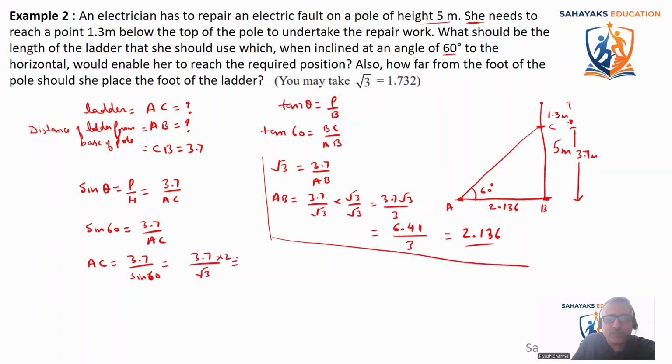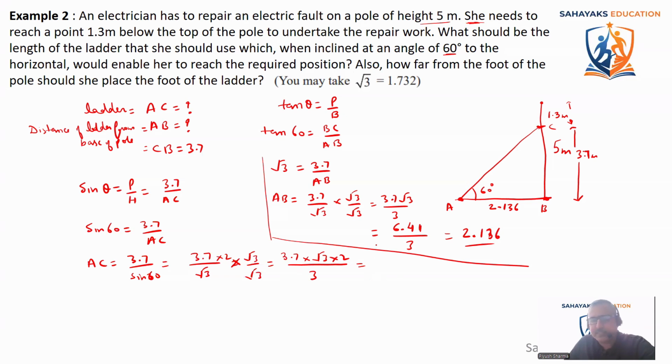Okay. So again, we'll rationalize the denominator here. I'll just multiply it by √3 by √3. So it becomes 3.7 into √3 into 2 divided by 3. Okay, so we already computed some part of it. We already computed 3.7 √3 by 3 in the previous question.